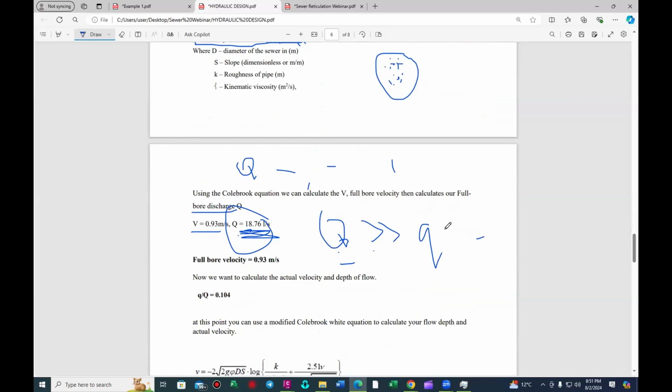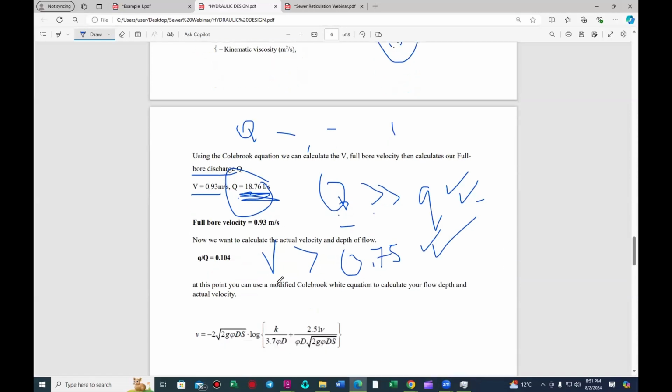The capacity check is done. Then for the cleansing velocity, the velocity that we're getting is greater than 0.75, so this sewer has the capacity to cleanse itself. Check. Therefore, the conclusion is that this sewer has reached what we call self-cleansing velocity. That's how you do the hydraulic design of a sewer pipe.